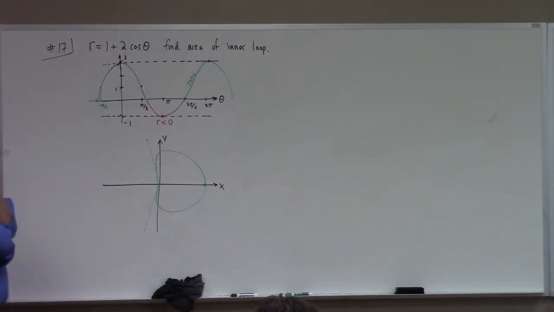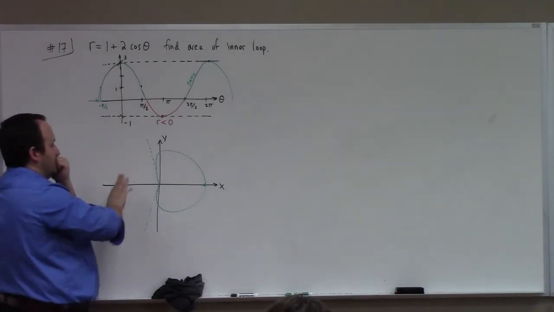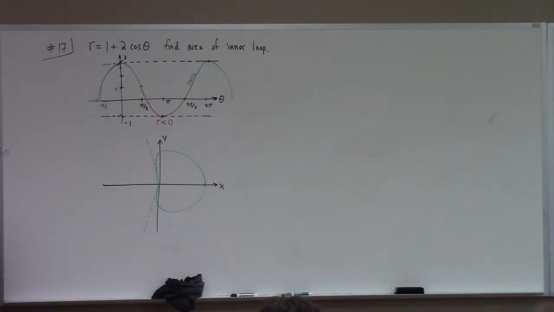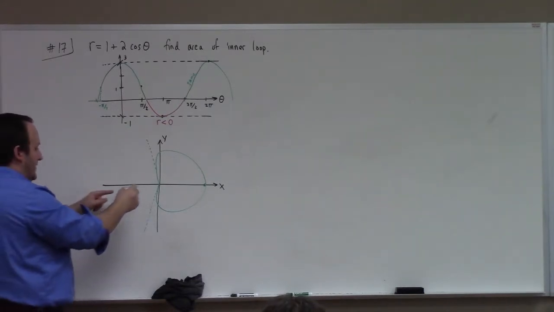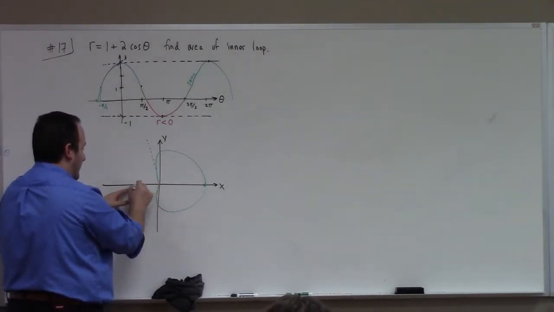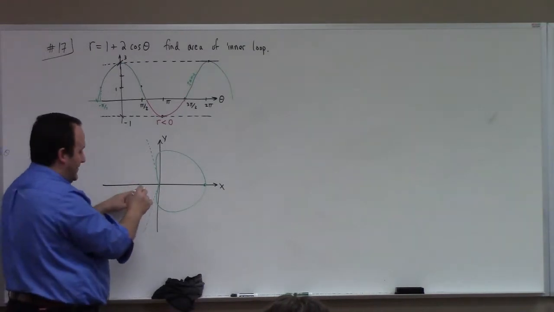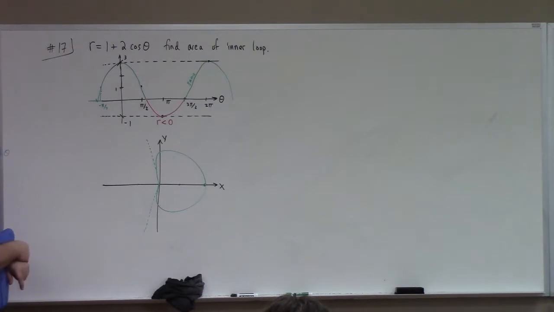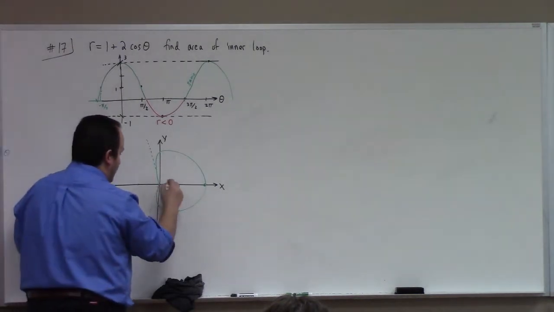Which means that it's over here. And at pi, we would have this at 1, but we don't because it's actually over here. And so that's the little loop they're talking about.